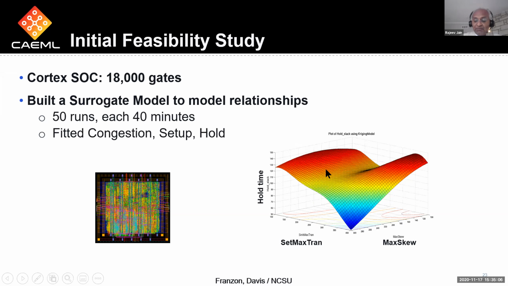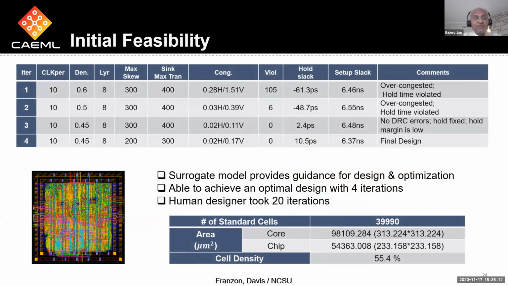And they had a student project where a number of students did the design completely manually without the benefit of the model, and then also did it with the benefit of the model. The net result was that, because of the insight the model produced, getting to the final PPA target took 4 iterations with the QoR model, whereas with the traditional place and route tools, which of course use their own estimates, it took 20 iterations.